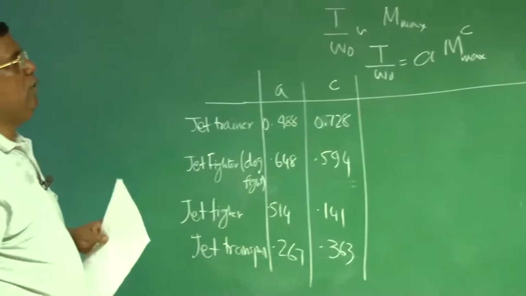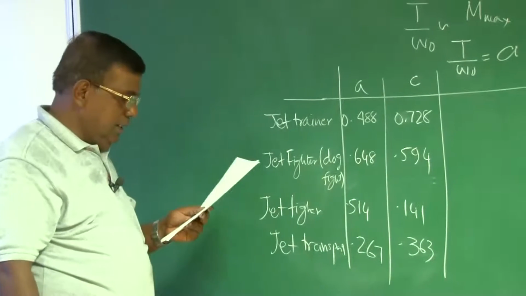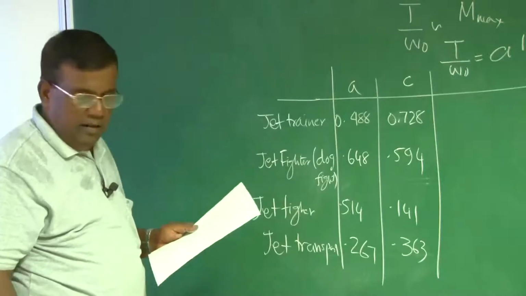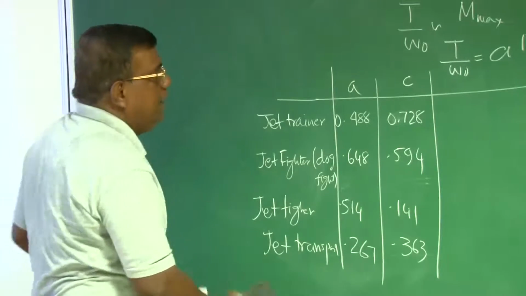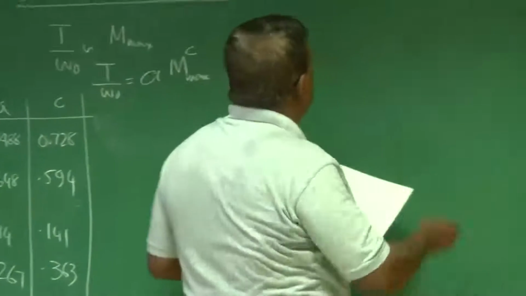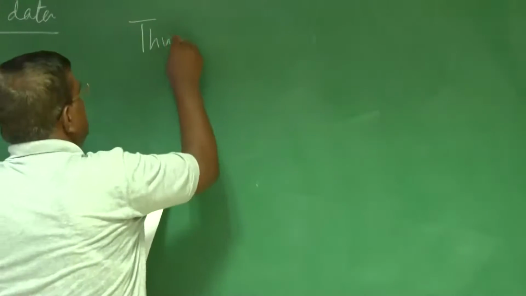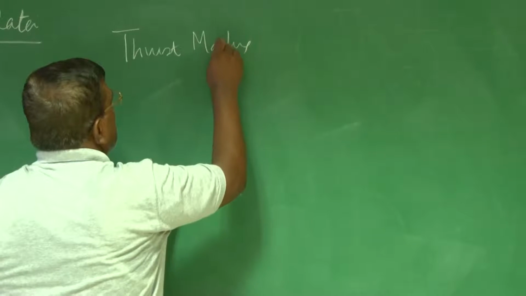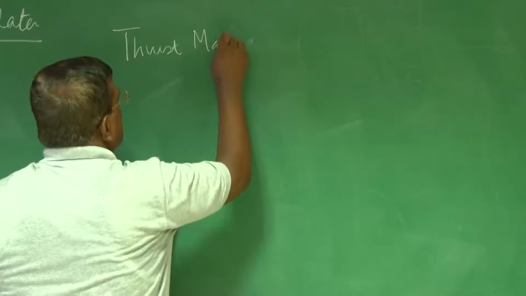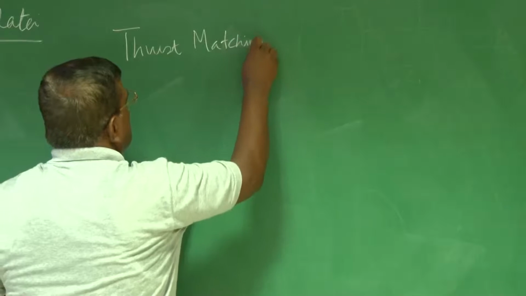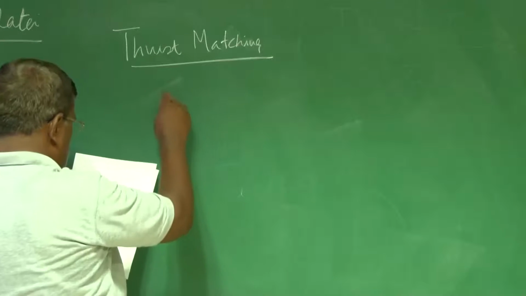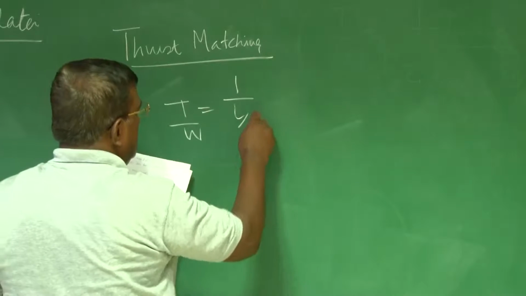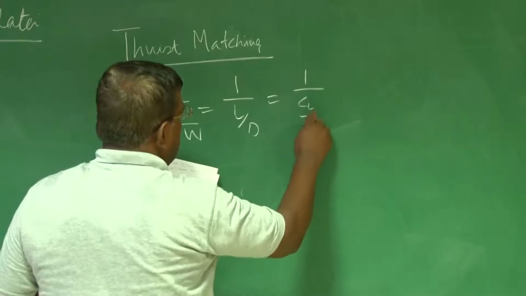And I again and again request you, please use the latest data sheet, so that a lot of new ingenious calibrations are given to make the designers handy. We are talking about thrust matching. That is T by W equal to 1 by L by D equal to 1 by CL by CD.